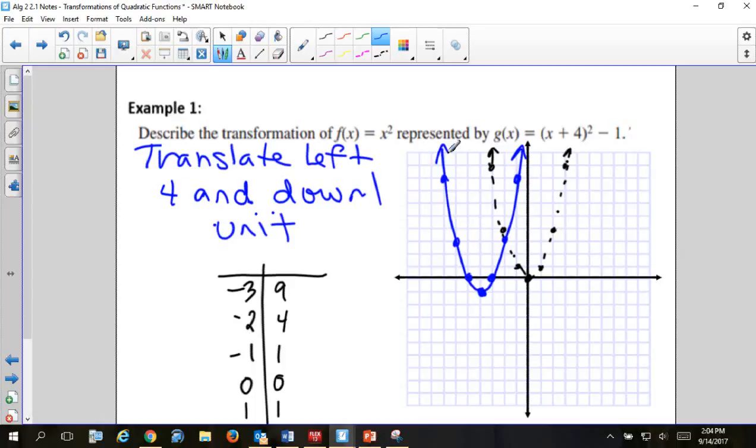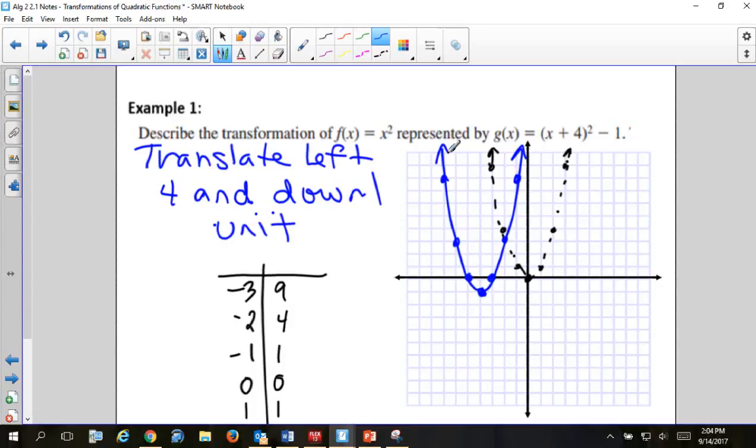If you're not sure, you can move every single ordered pair left 4, down 1. And this works because there's no stretch or shrink or reflection. It's just translating. It's just sliding it over and down or up and right or something.